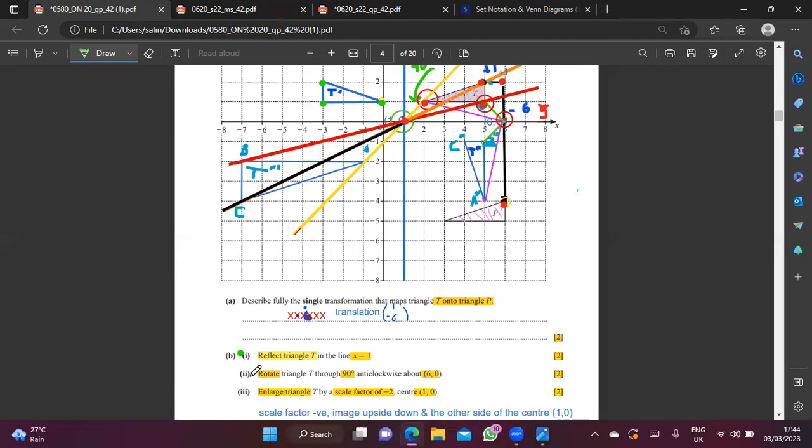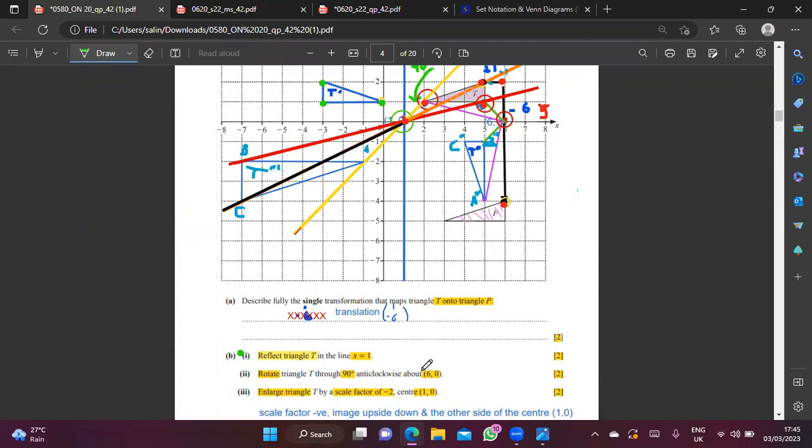Next, part B2. Rotate triangle T through 90 degrees anti-clockwise about (6,0). So you do need to rotate the triangle T through 90 degrees anti-clockwise about (6,0). Okay, what do we need to do? (6,0) is what you call the point of rotation.